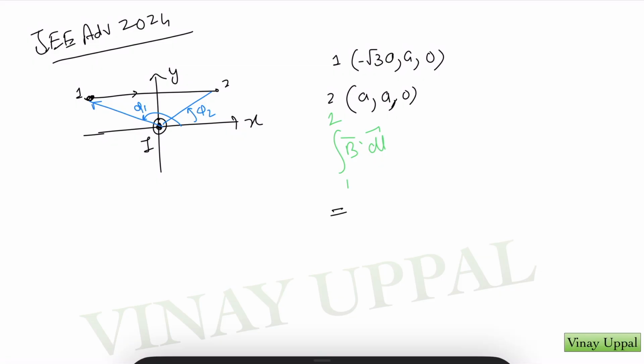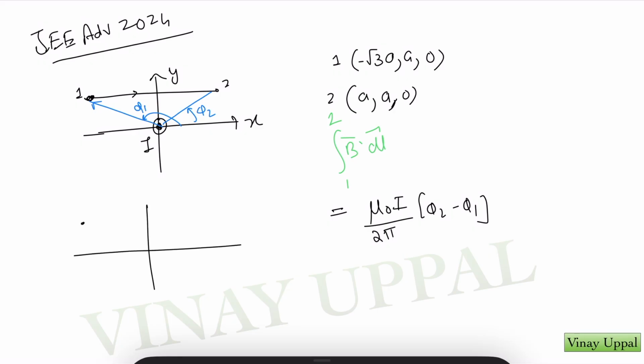So what do we need? μ0 I divided by 2π times (φ2 minus φ1), right? So we only need the angle between them, that is the difference between the angles. What will the angle between them be? That's pretty straightforward from just geometry. This is a, this is √3 a, so of course this is 30 degrees, so this is 60 degrees. And on the other side, this is obviously 45 degrees, with the coordinates (a, a), right?